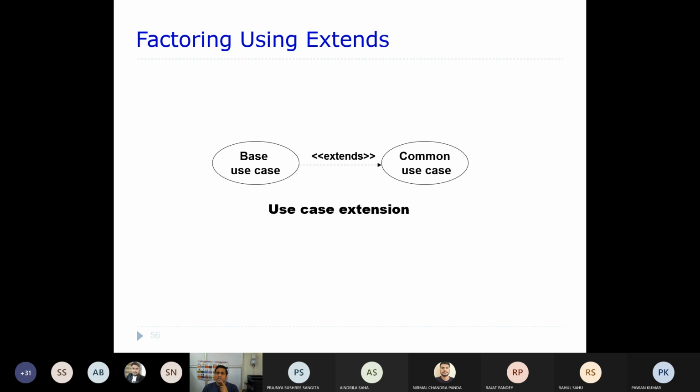That means it represents optional things. Sometimes it will appear, sometimes it will not. If that is required, you can represent it through extend. So it is similar to include, but it is optional and represents the optional thing.